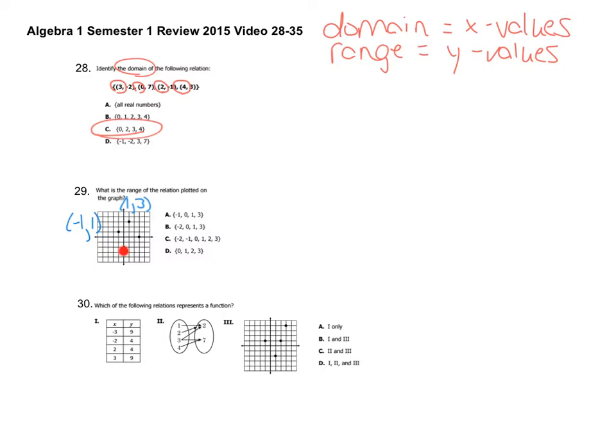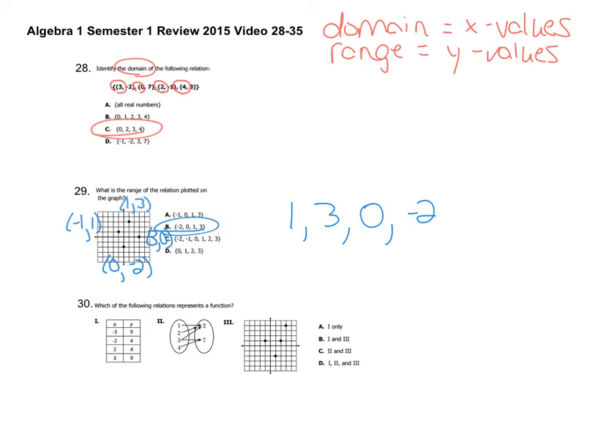The point at the bottom is 0, -2. And the point on the x-axis is 3, 0. Right? So we want the y values. So my y values are 1, 3, 0, -2. They're going to have put those in numerical order. The numerical order, they use the set brackets, and that looks like B.